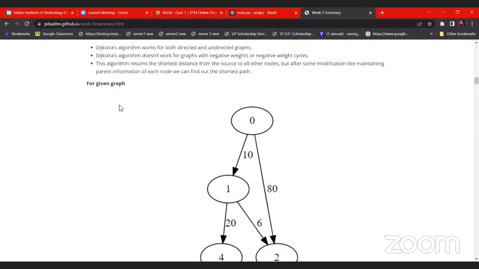The next point is that this algorithm returns the shortest distance from the source to all other nodes, but after some modification like maintaining parent information of each node, we can find the shortest path also. So the algorithm just returns the shortest distance from the source to all destinations, but we can also find the path by adding parent information.